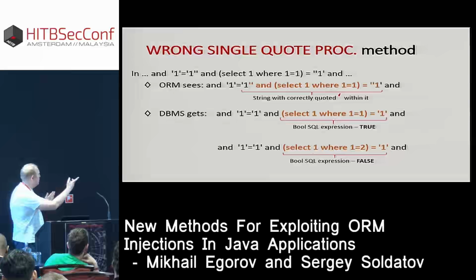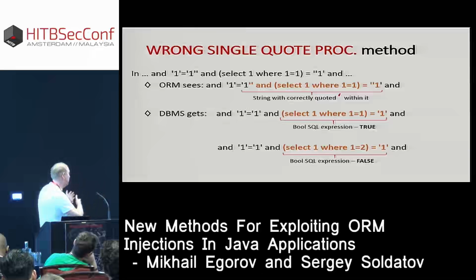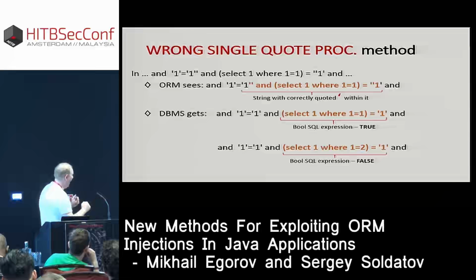You can see this line, and we have a string with single quotes that are correctly escaped. But because of this wrong single quotes processing, all sequences of 2 single quotes will be substituted by 1 single quote. And the meaning of this expression will be changed completely.